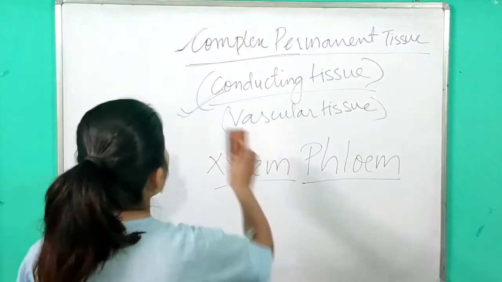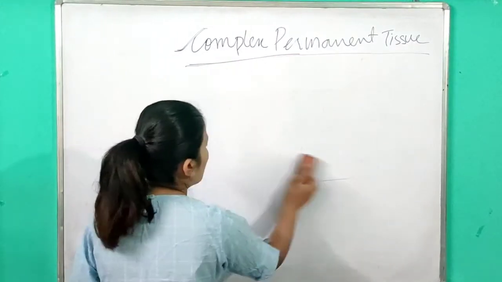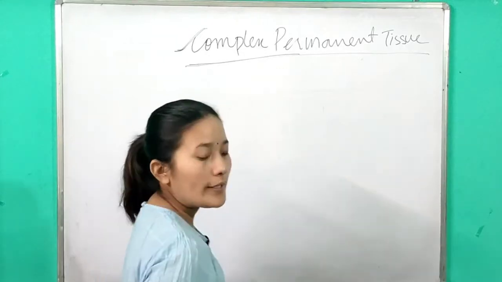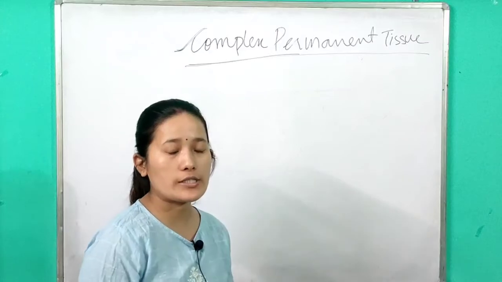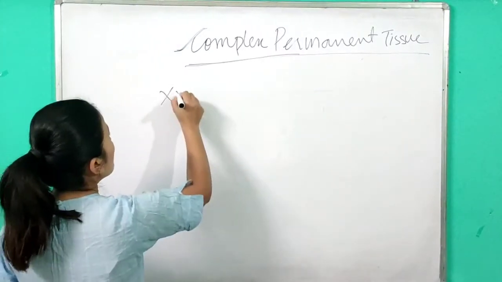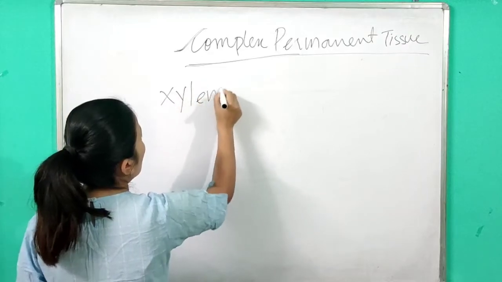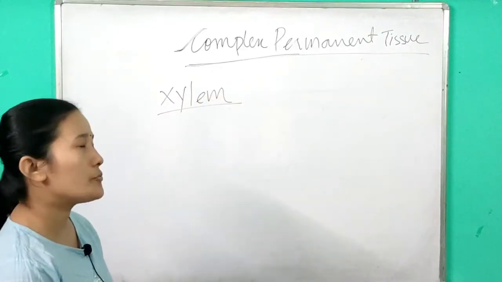Now what are the different cells that make up xylem? First let's discuss that. Though in detail the function of the different cells of the xylem you will study in class 8. For class 7 you just learn the names of the different types of cells which make up the xylem.